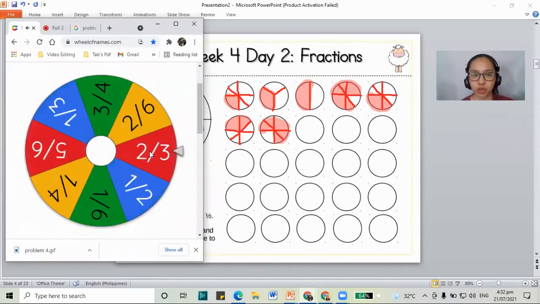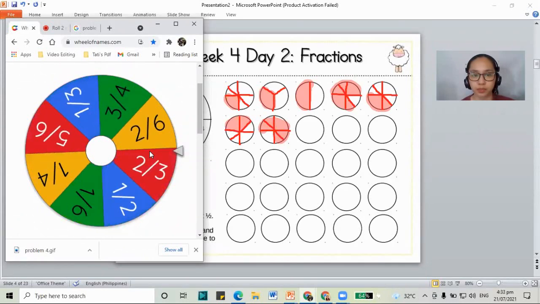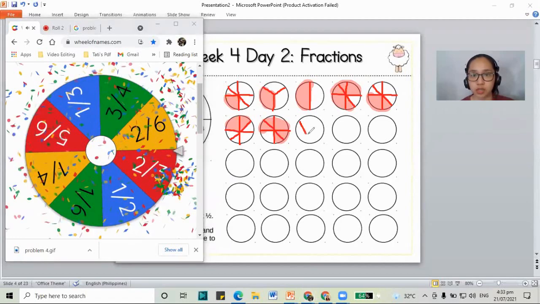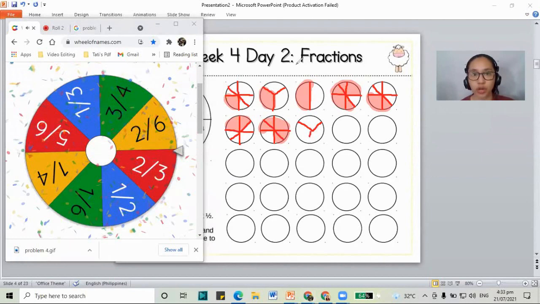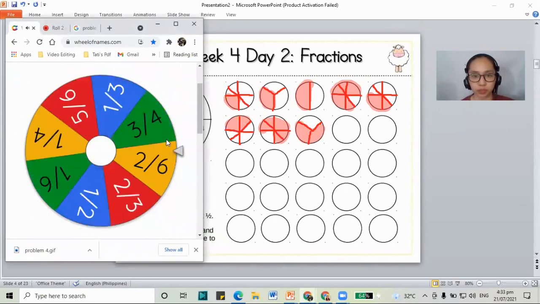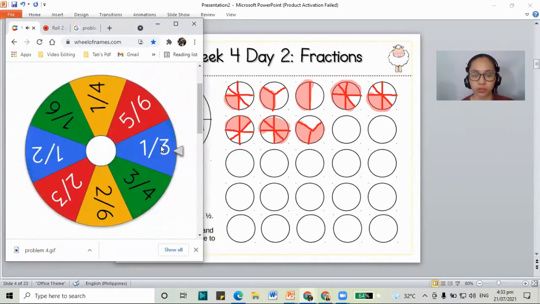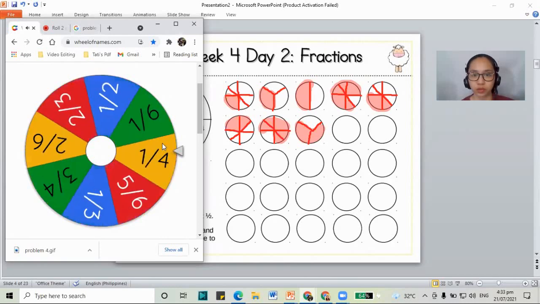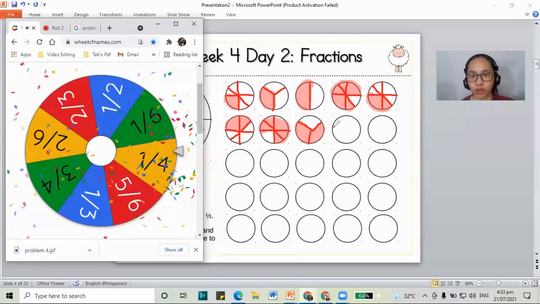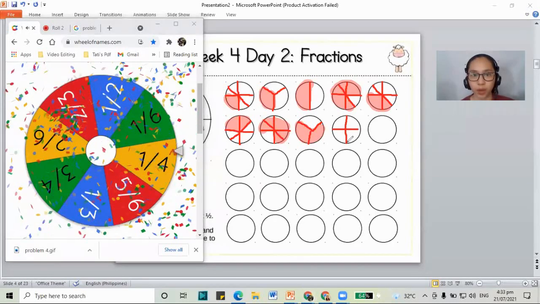We have 2/3. 3 parts. And you get to color 2 of the parts. You take away the 2 parts to make 2/3. We have 1/4. 4 parts, but you get only 1 to make 1/4.